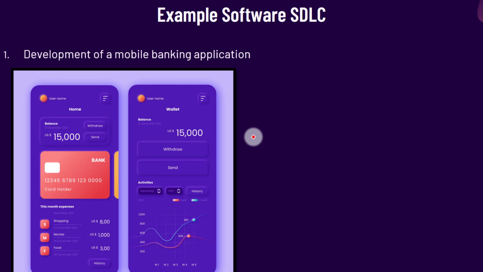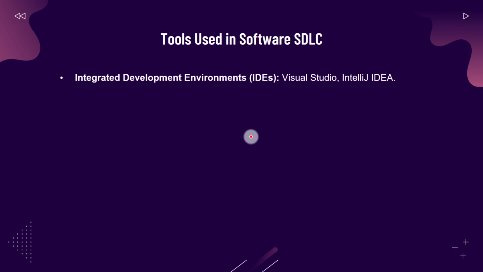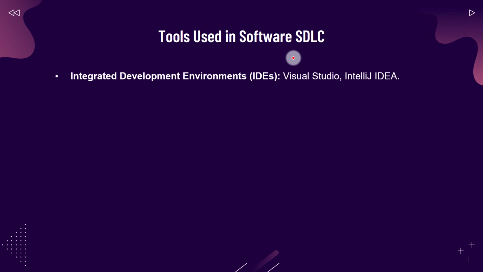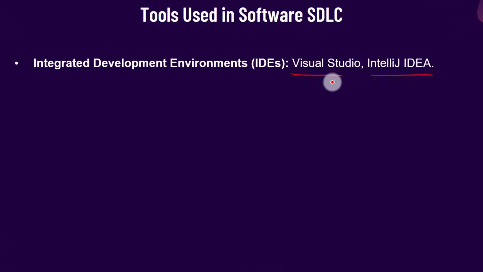Now let's discuss the tools used in software development lifecycle. For example, IDEs or integrated development environments such as Visual Studio and IntelliJ IDEA help us write and manage code more efficiently.